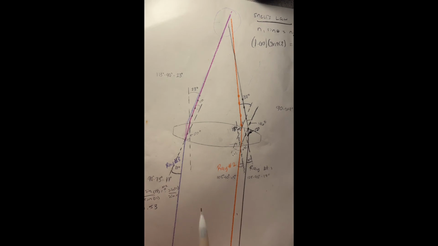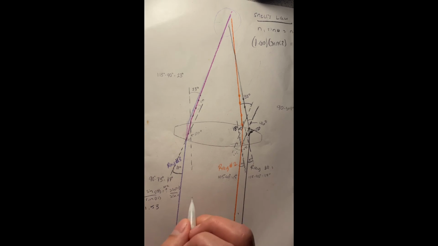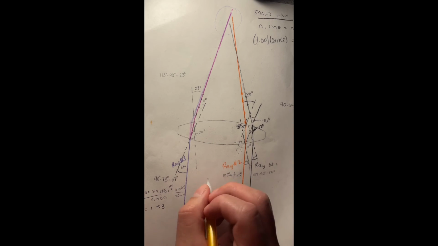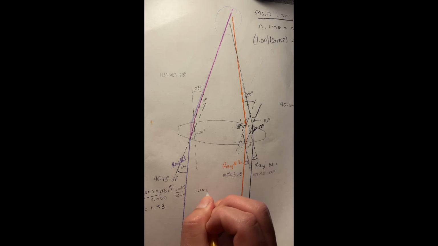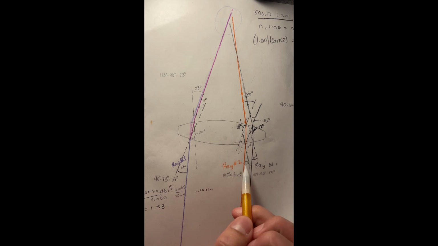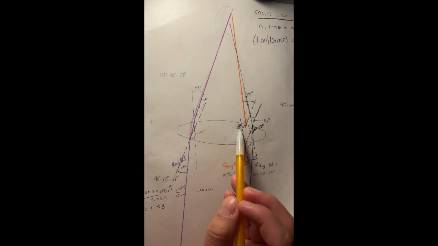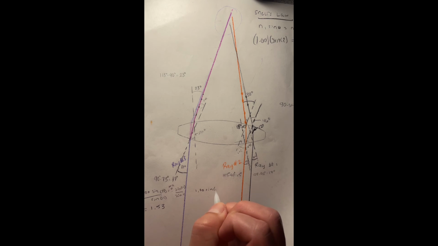So I'll repeat the same for this orange ray of light. We'll use 15 and the sine of 13.